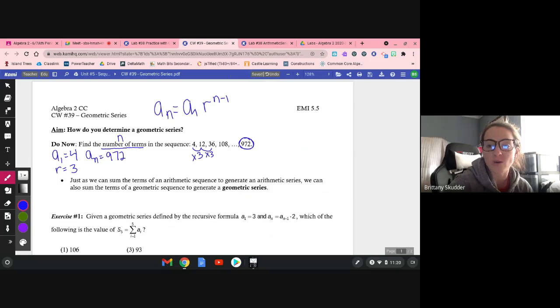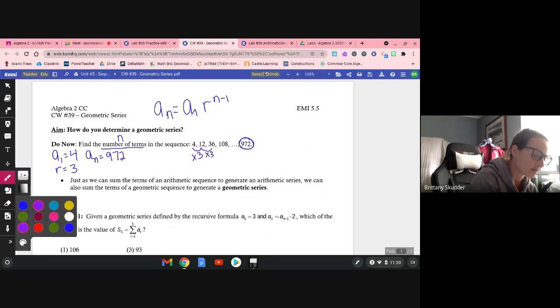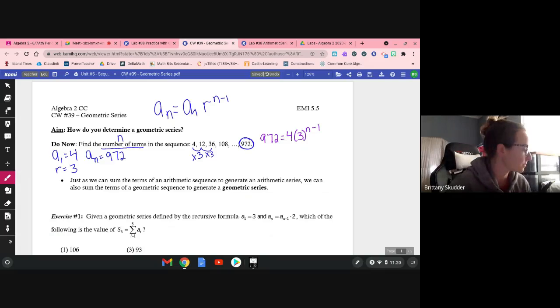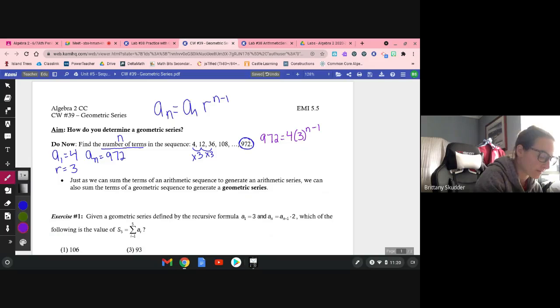Let's just figure out what spot in line or what term number 972 is. So let's plug in those values that we have. 972 equals 4 times 3 to the n minus 1. Okay. And our first step here to solve for n is going to be to divide by 4.